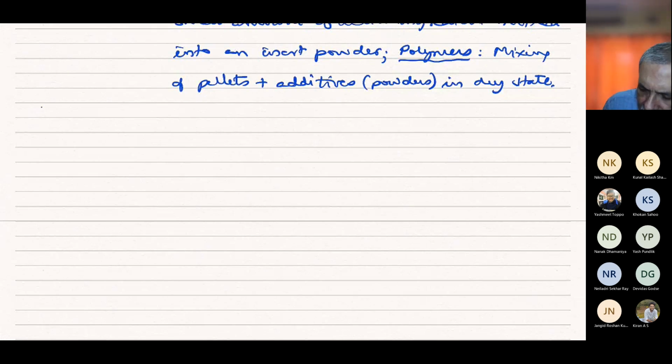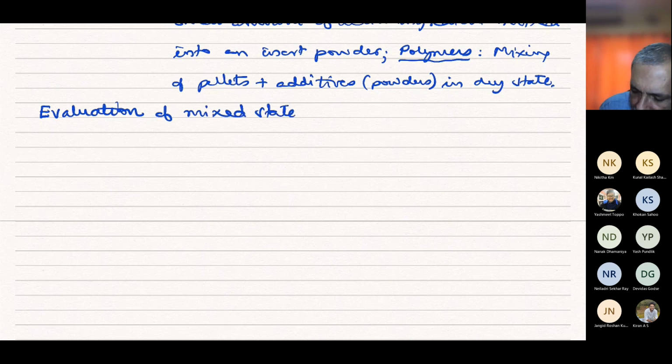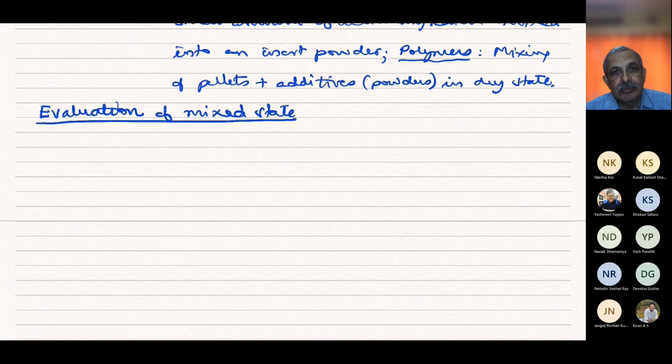And so the first thing that we'd like to do is evaluation of mixed state. So how do we know that the mixing is complete? So we have to do some evaluation and then try and figure out.